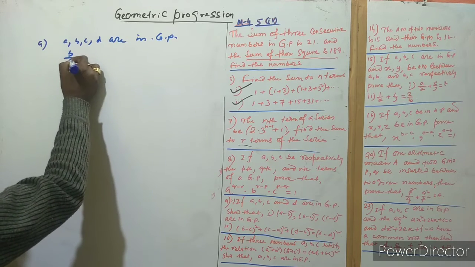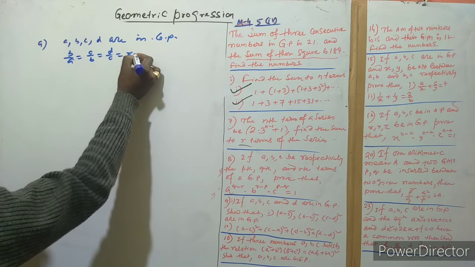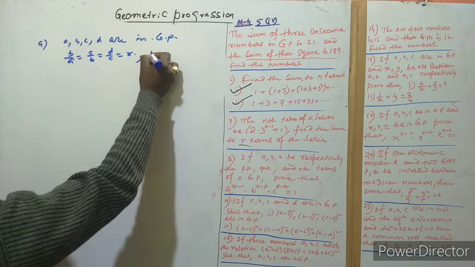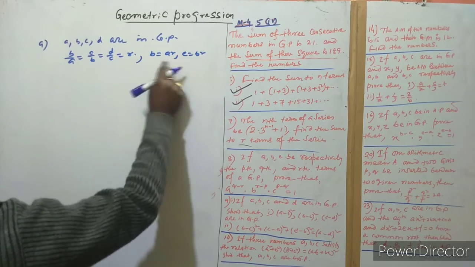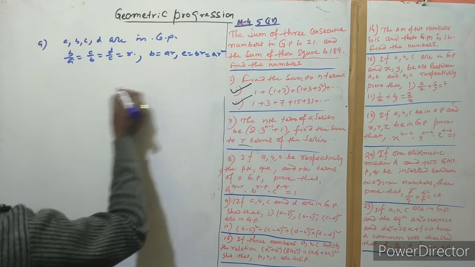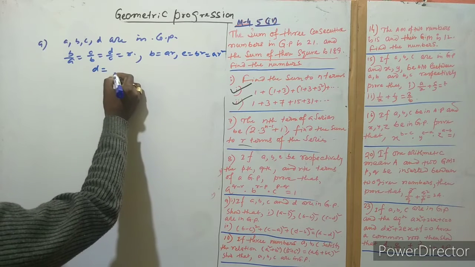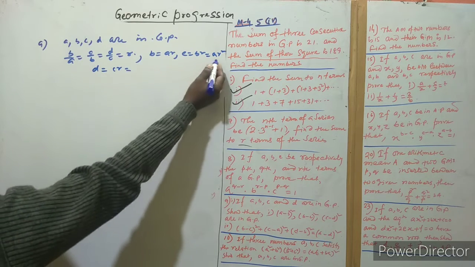So b by a, c by b, and d by c is equal to, let us assume, r. So we can write here b is equal to ar and c is equal to br. So if we put here br in that place, we get here ar square. Similarly d is equal to cr, and the value of c here is ar square.